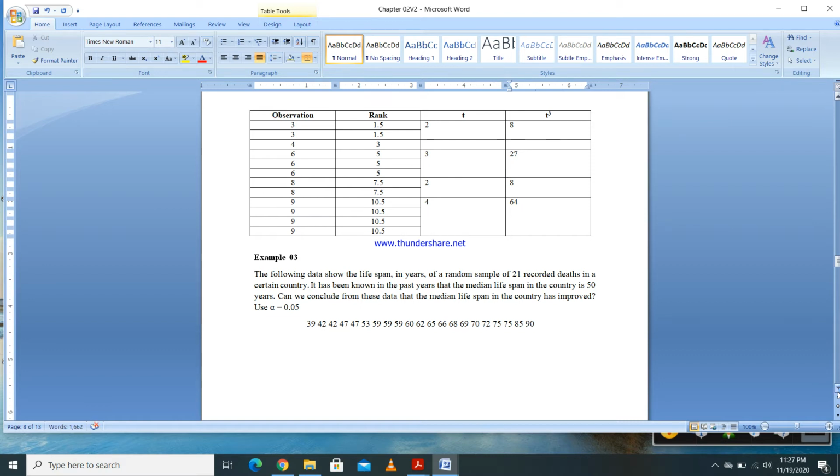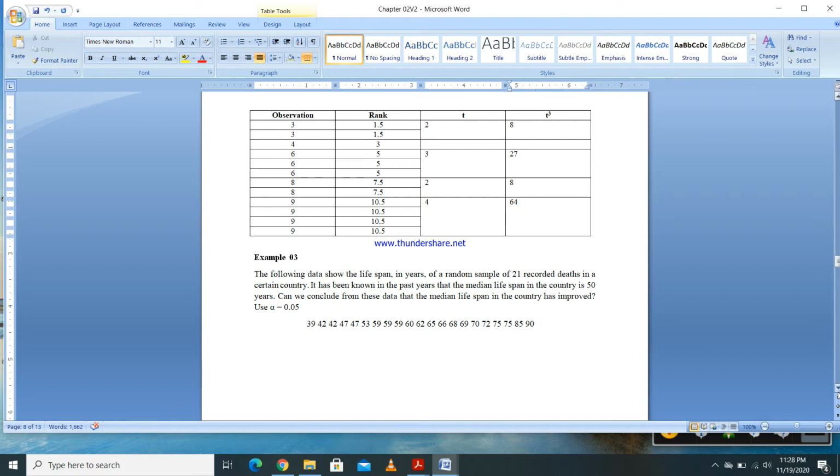It says the following data show the lifespan in years of a random sample of 28 recorded deaths in a certain country. It has been known in past years that the median lifespan in the country is 50 years. Can we conclude from these data that the median lifespan in the country has improved?